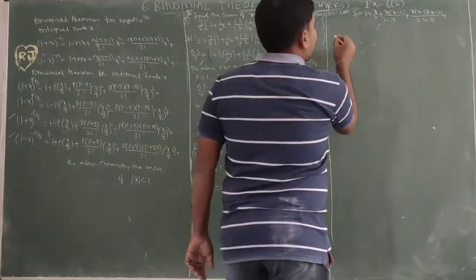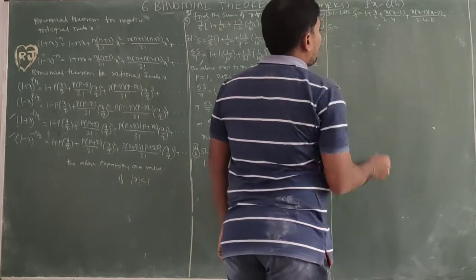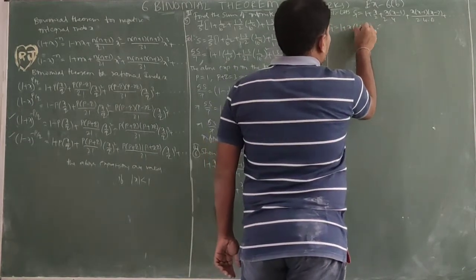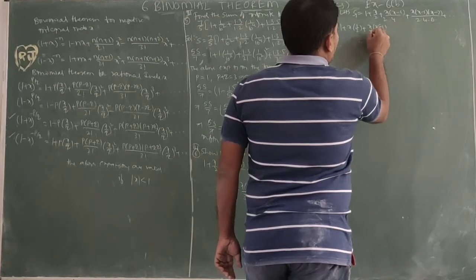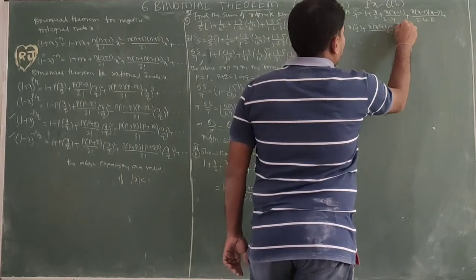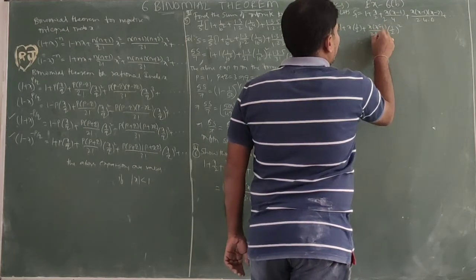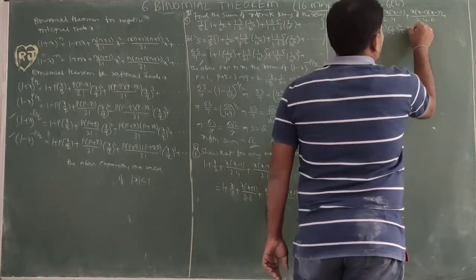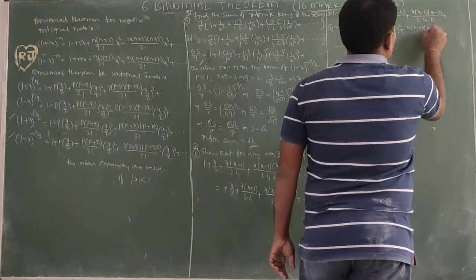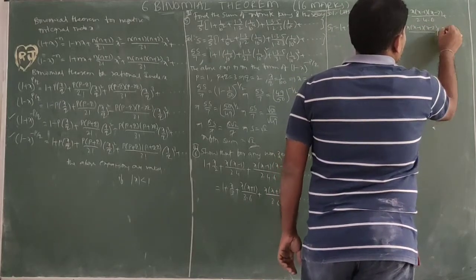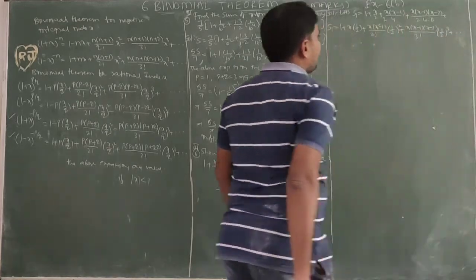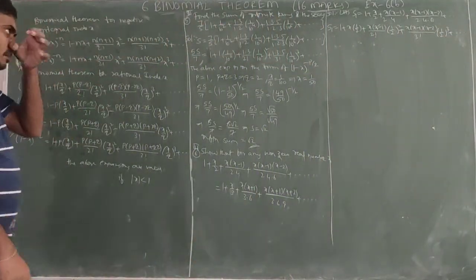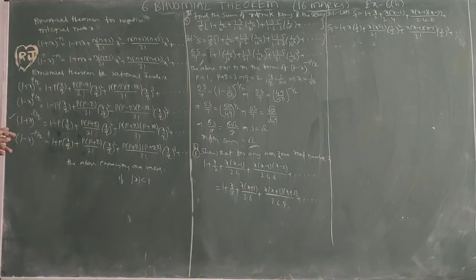Now S1 = 1 + x·(1/2) + x(x-1)/2! · (1/2)² + x(x-1)(x-2)/3! · (1/2)³ + ... up to so on. So if we observe, this problem is not in these two formulas.